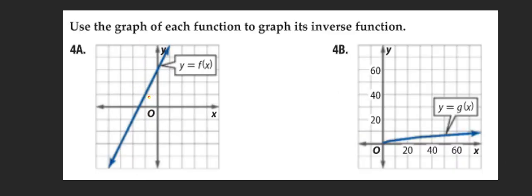So here we have y equals f of x. And they want us to use a graph of each function to graph its inverse function. So knowing that we have f of x, they want us to sketch f inverse of x. So let's first draw y equals x. So it will be something like that. And let me use a different color.